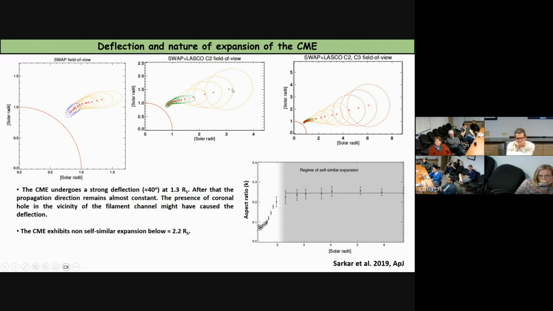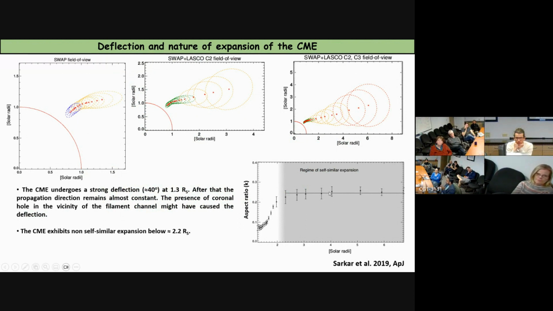Also, we take the ratio of the radius of the semi-major axis of this cross-sectional shape to the distance from the central point to the center of the sun. If we plot this ratio with respect to the heliocentric distance, we see that initially it is not linear, but after some point it is fixed and constant, after 2.5 or 3 solar radii.